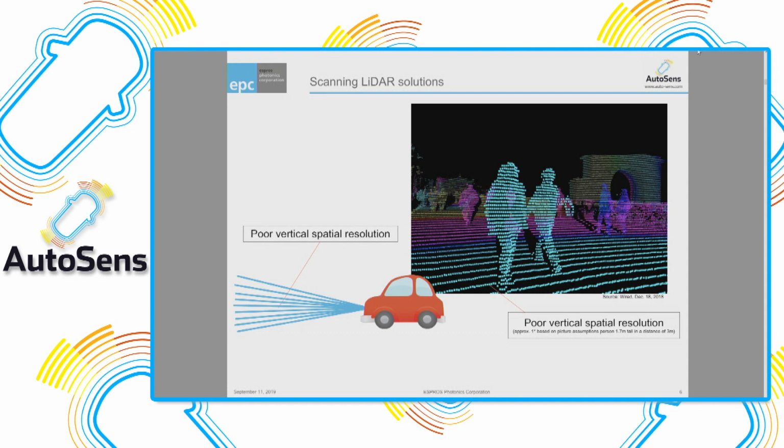And if you want to achieve 0.05 degrees spatial resolution, then you need a vertical resolution in the range of, let's say, 500 lines, which is quite challenging for a scanning LiDAR solution. You see the lines here is the limit of the vertical resolution.